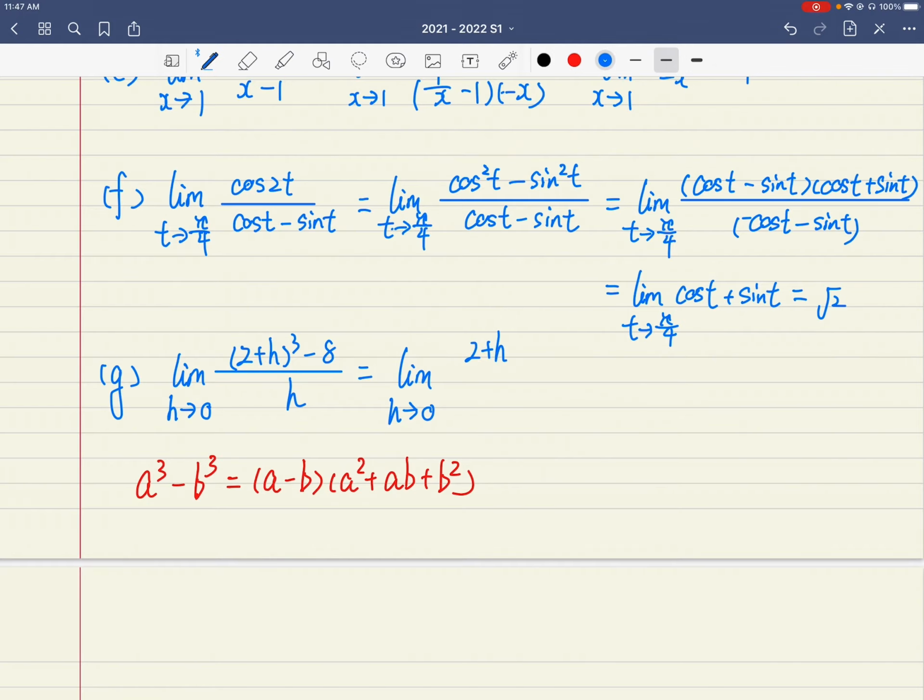It's a minus b. So this part is a, this part is b, times a squared plus ab plus b squared, over h.